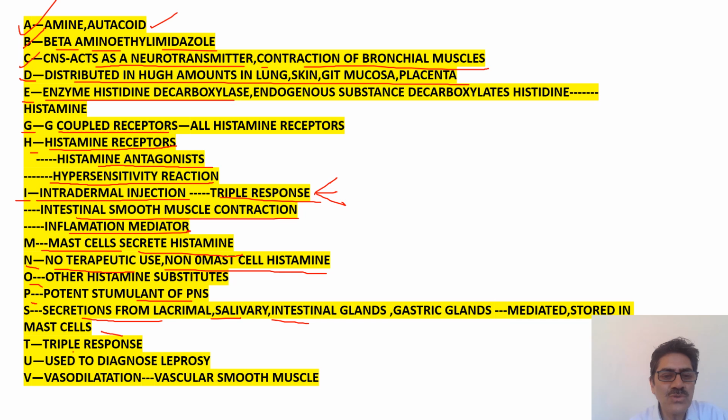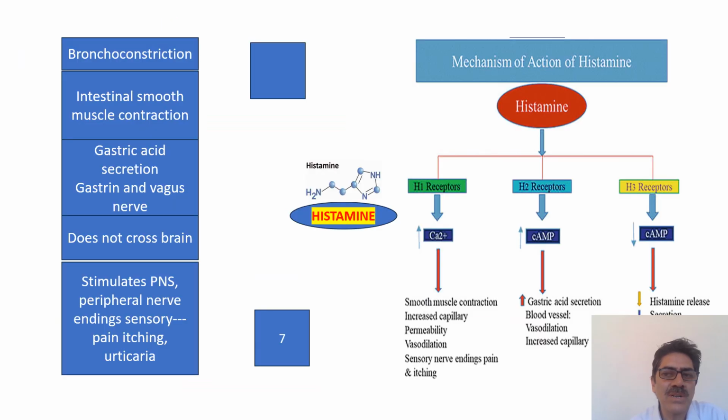Now T refers to the triple response. U, used to diagnose leprosy. No doubt some newer agents are also available now. V, it may produce vasodilatation, causes dilatation of vascular smooth muscles. This is how you can remember the ABCD of histamine as a mnemonic.